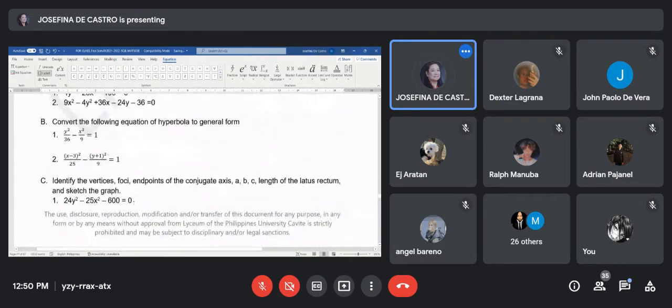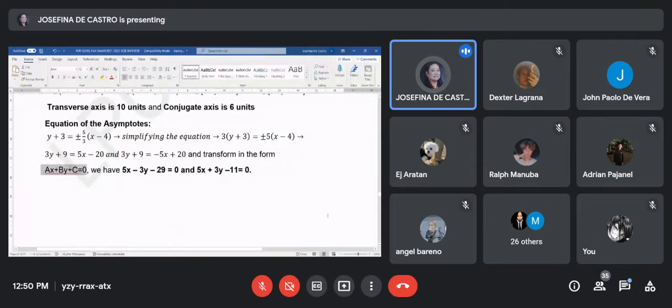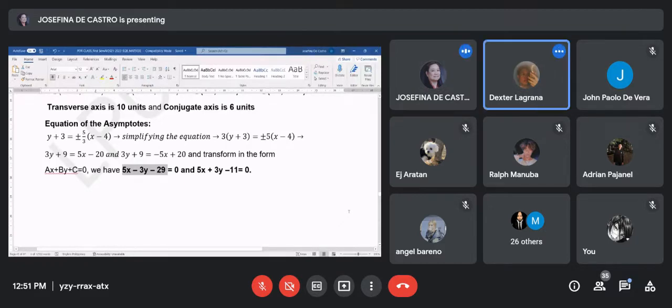AX plus BY plus C. Doon yung galing ha. Kapag tumitingin ka ng slope, ano ang slope nitong line na to? 5 over 3.